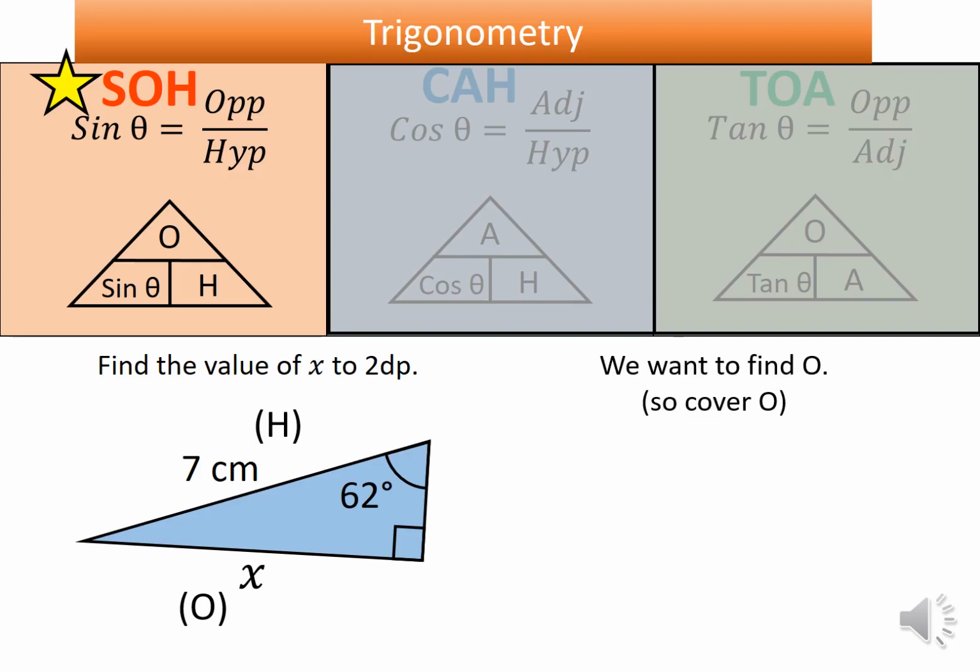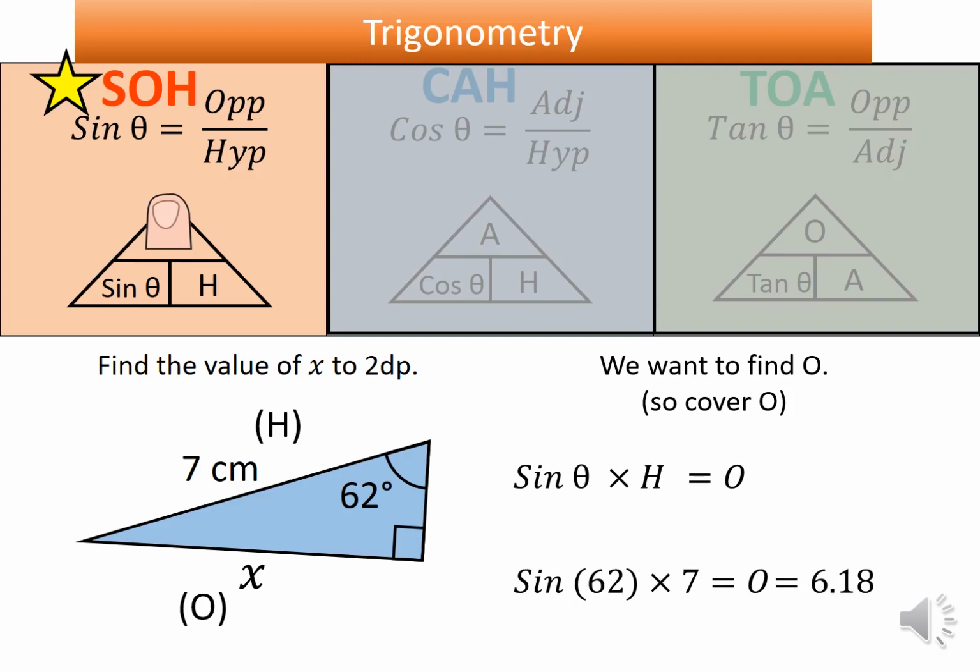So we need to cover O because this is what we're trying to find, and we need to multiply sine theta by the hypotenuse. So you put the values into this formula. Remember again to put the angle in brackets, and you multiply it by 7, and this gives you the value of the opposite. Again, remember that here we have O and not 0, and you round the answer to 2 decimal places, and that is 6.18.